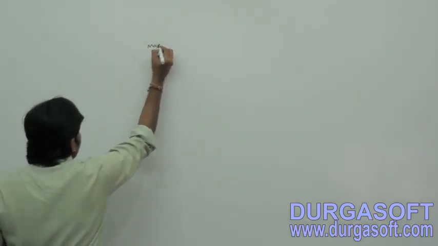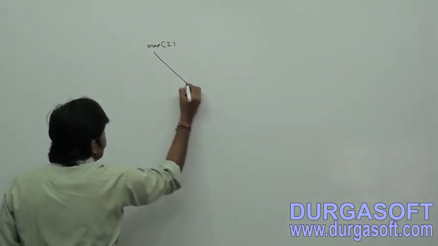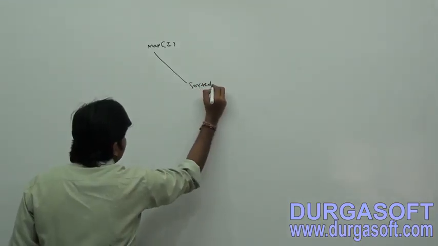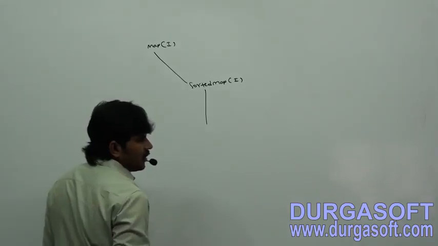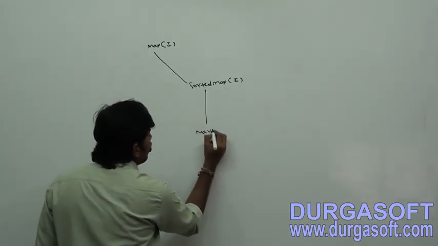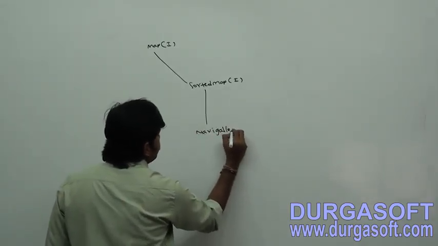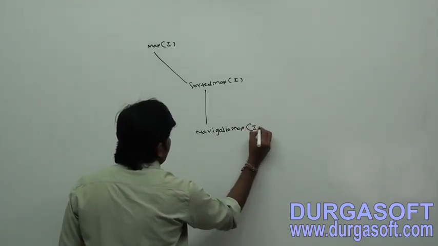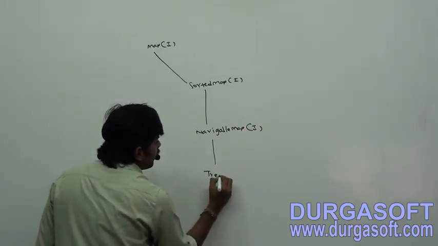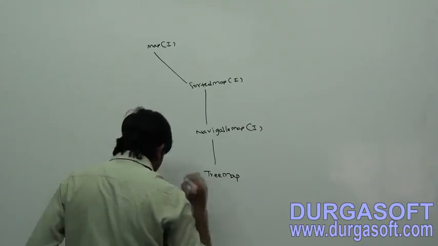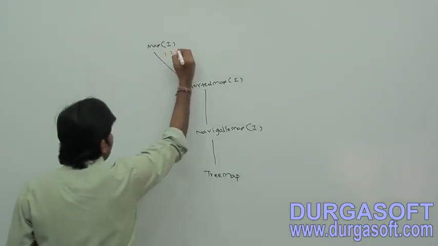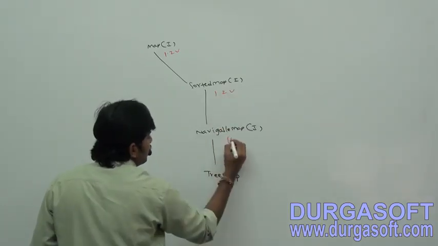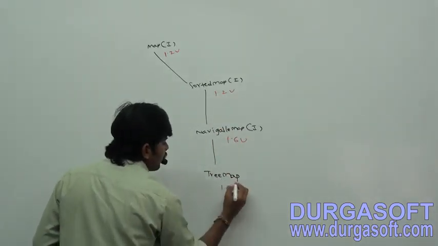See, we have map; for that, sorted map is the child interface. For that sorted map, navigable map is the child interface. For navigable map, the implementation class is nothing but what? Tree map. Okay.